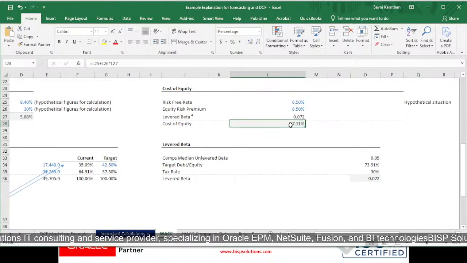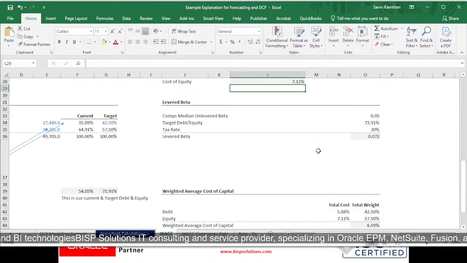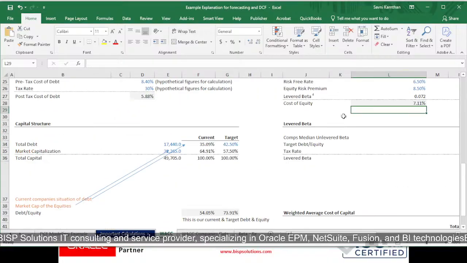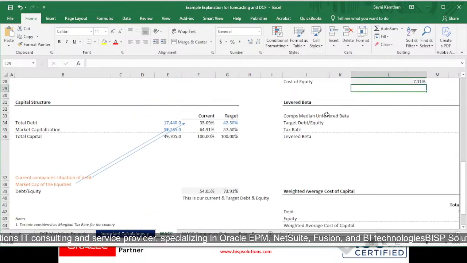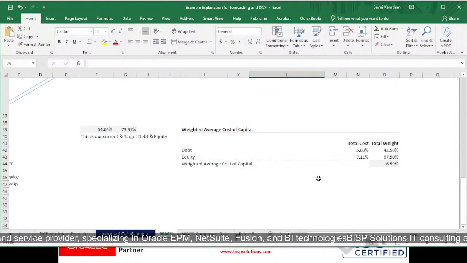So to calculate my cost of equity, I have used risk free rate plus equity risk premium into our levered beta. Then we get the cost of equity for us. Now I have calculated my cost of debt, capital structure, cost of equity and levered beta, and the remaining part is our weighted average cost of capital.